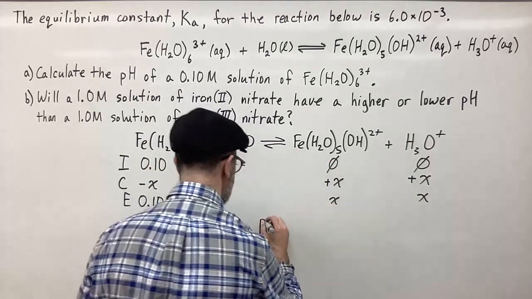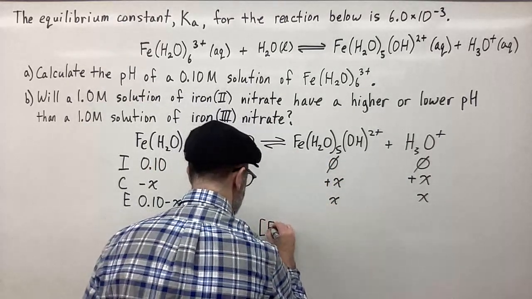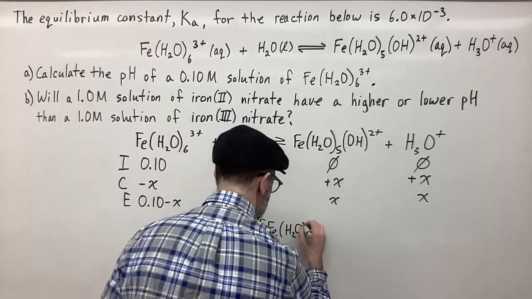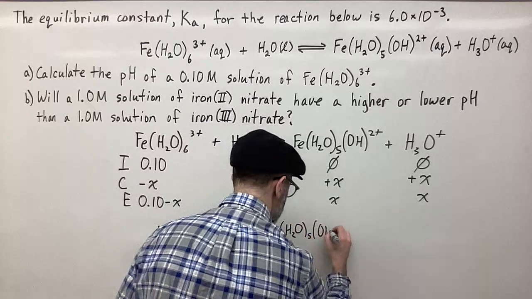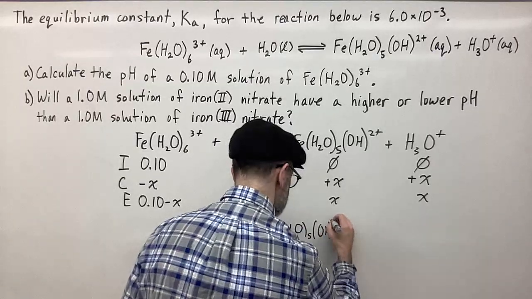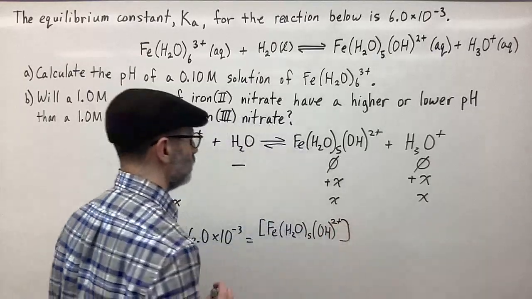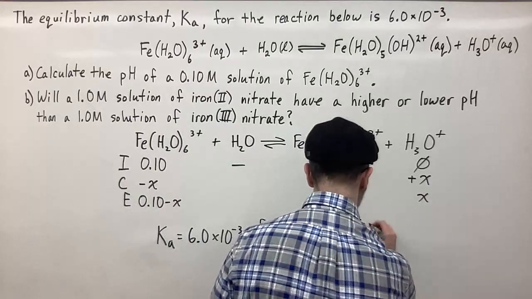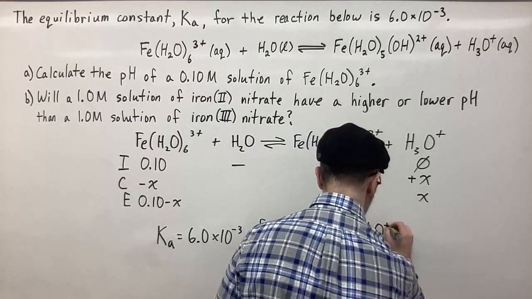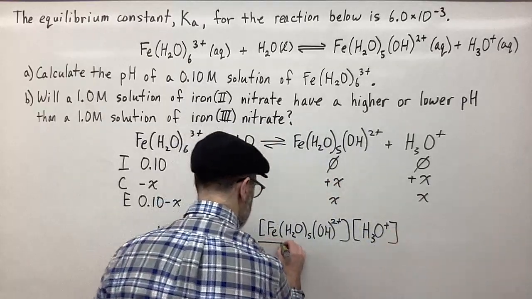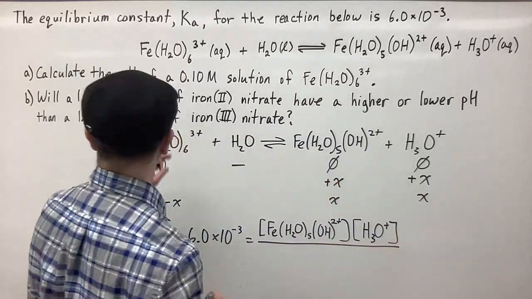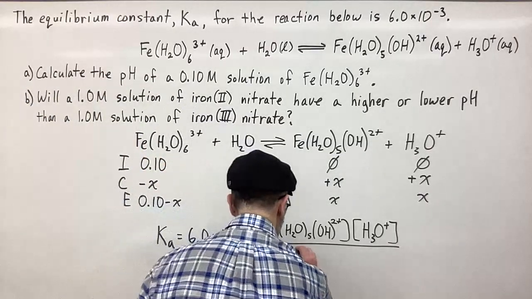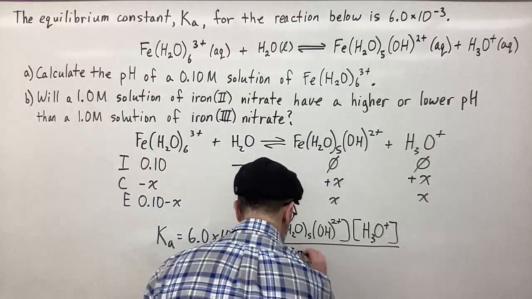They're both 1, so this will be the concentration of Fe(H2O)5(OH) 2+, times the concentration of the hydronium ion, H3O+, all over the concentration of Fe(H2O)6 3+.